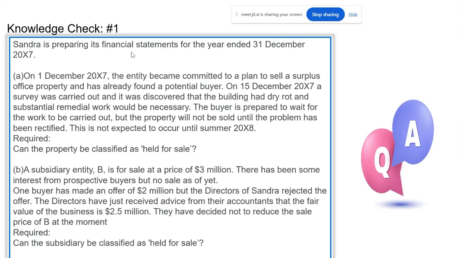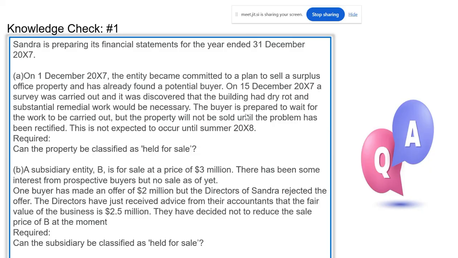Sandra is preparing its financial statements for the year ended 31st December 2007. On 1st December, the entity became committed to a plan to sell a surplus office property and has already found a potential buyer. On 15 December 2027, a survey was carried out and it was discovered that the building had dry rot and substantial remedial work would be necessary.